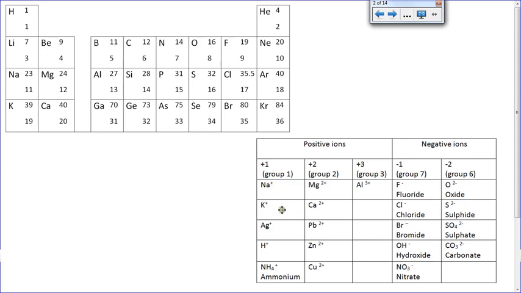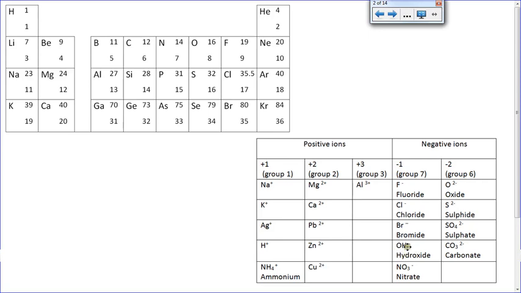So these things that you find on the periodic table are what we're going to call simple ions. These larger things here that look like molecules with charges, they're what we're going to call complex ions. So you can see here, these are simple atoms that have got a charge. This is 2 different elements stuck together.